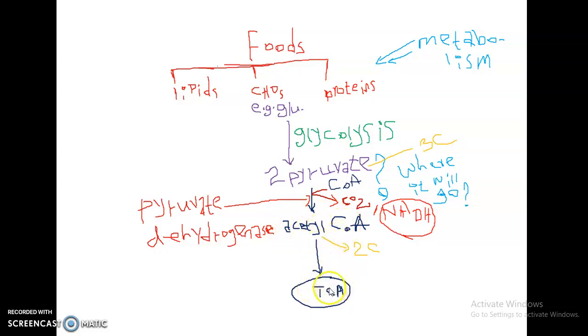This is a very essential step because when it is converted into acetyl-CoA and enters the TCA cycle, it will make a lot of ATP. In the conversion of 2 pyruvate into acetyl-CoA, there will be a removal of 1 carbon through a carbon dioxide molecule. The process is called decarboxylation.